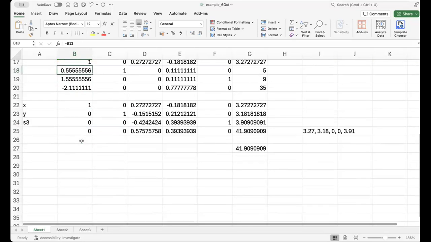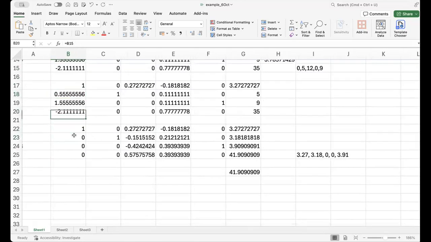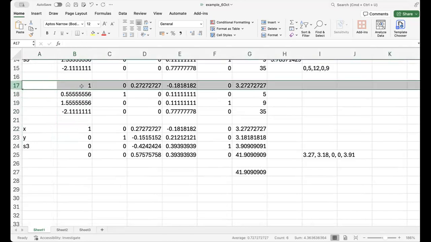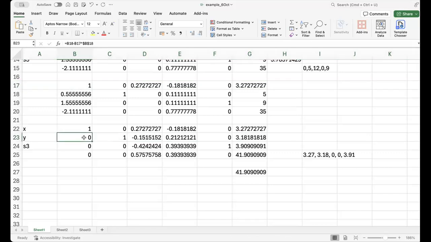And then how to make this element 0? You multiply the first row, this row, by 0.555556, and then you subtract it. You will get 0.